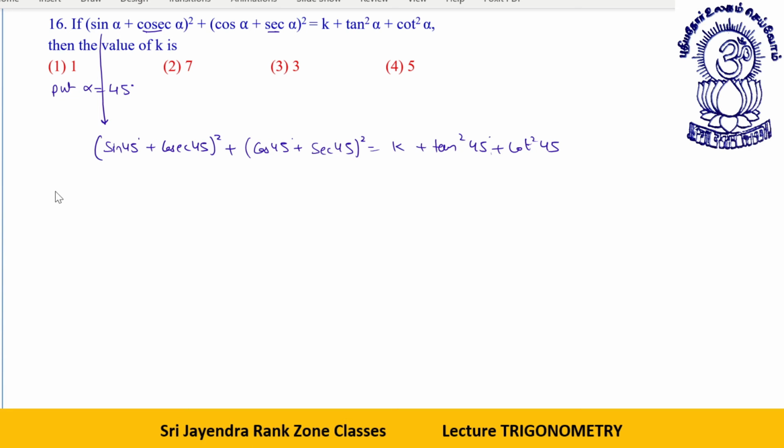Then the value of k is, now what do we have, we have sine 45 is 1 by root 2, cosec 45 is reciprocal of sine 45, that is root 2, plus cos 45 is again 1 by root 2.